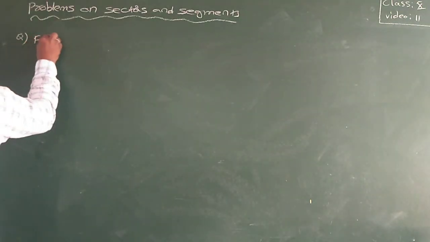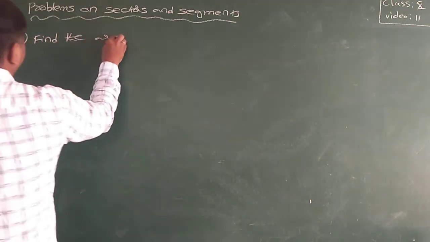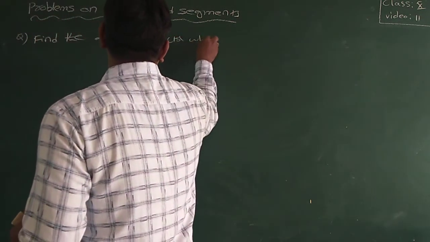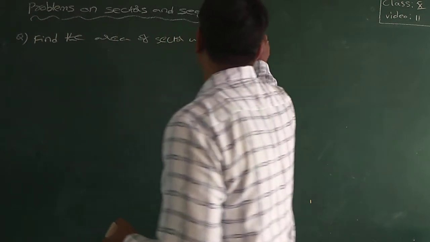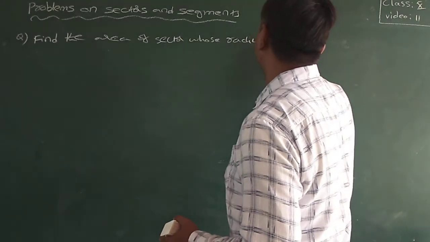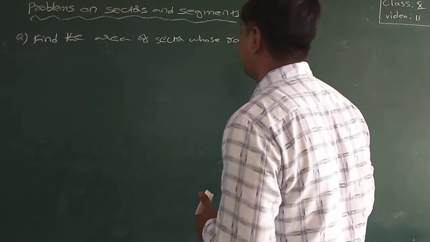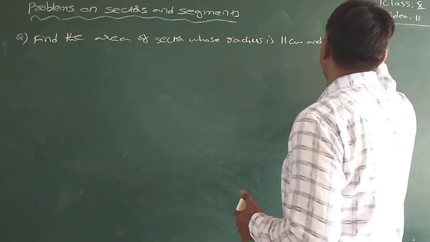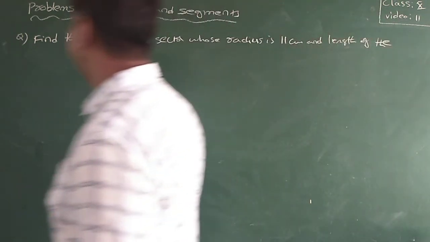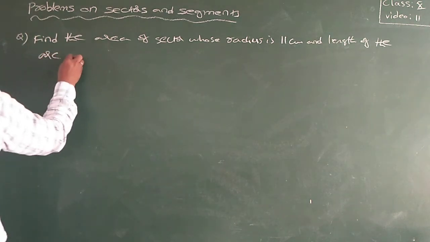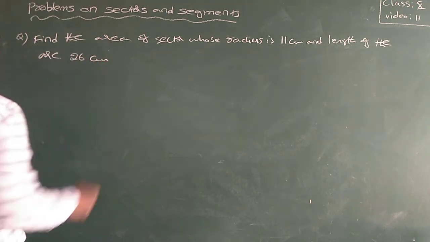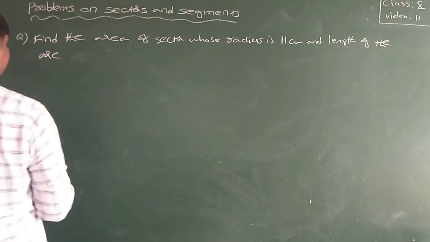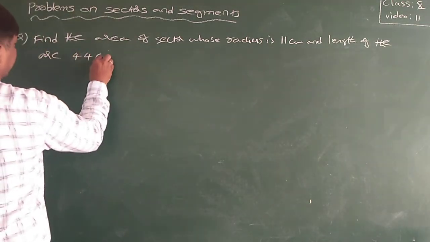Another model question: find the area of a sector whose radius is 11 centimeters and the length of the arc is 44 centimeters.